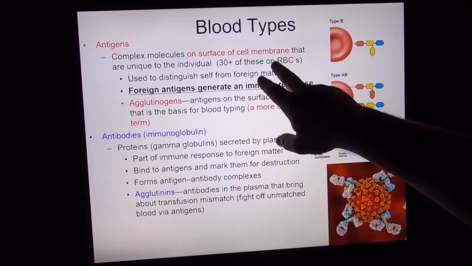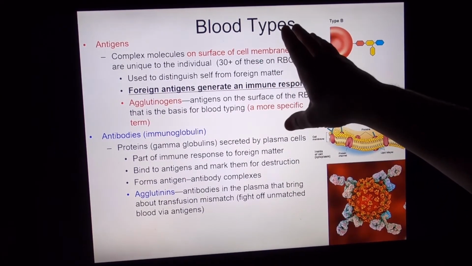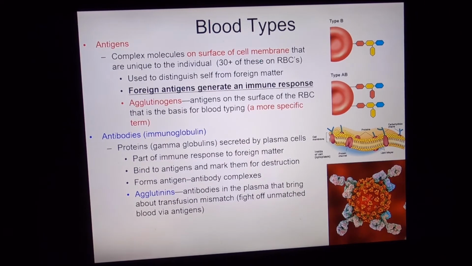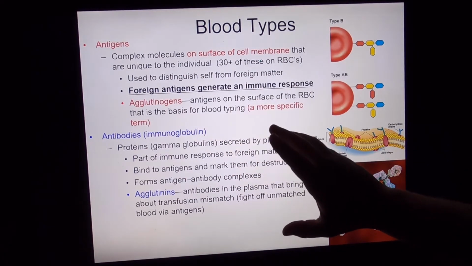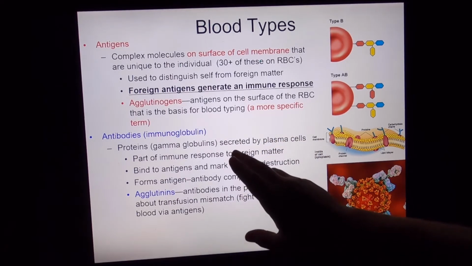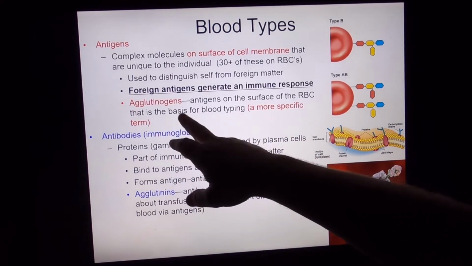Okay, well, antigens are surface markers, and there's a lot of these. You have a very fancy network that you're going to hear all about later called your major histocompatibility complex, and this includes lots of different antigens. We are going to be concerned with very few of these that are specifically referred to as the agglutinogens.